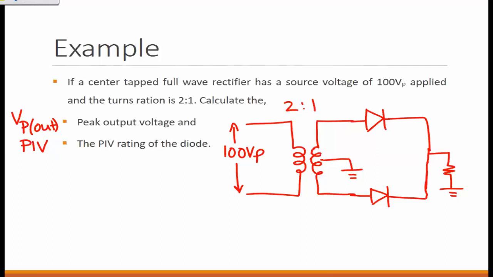Again, remember that same as before, if an RMS voltage is given, you always convert into peak, by multiplying by 1.414 or dividing by 0.707. But in this example, the peak voltage is given to you already, so we can just start from that.